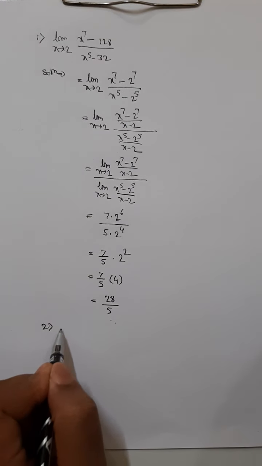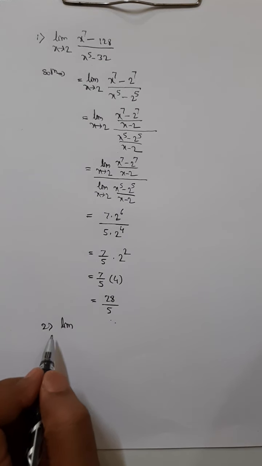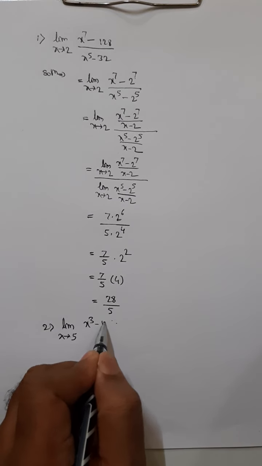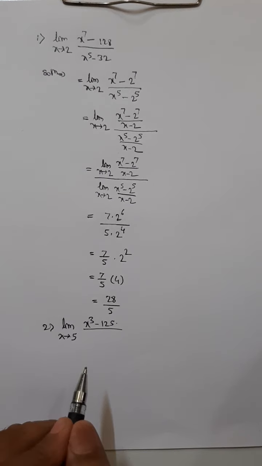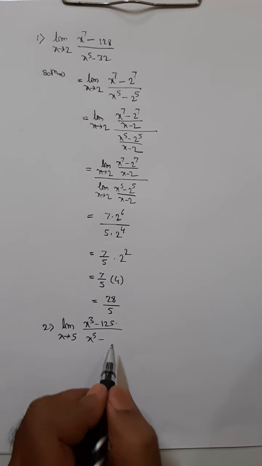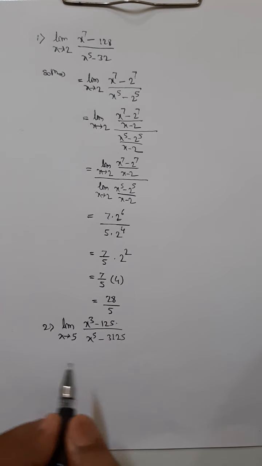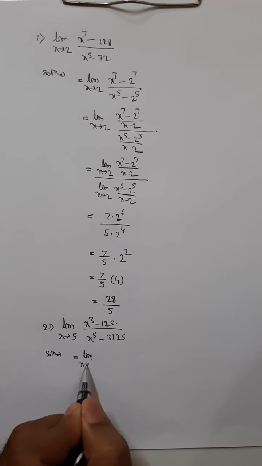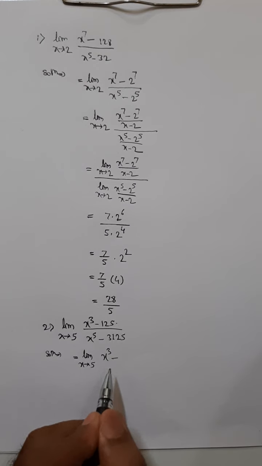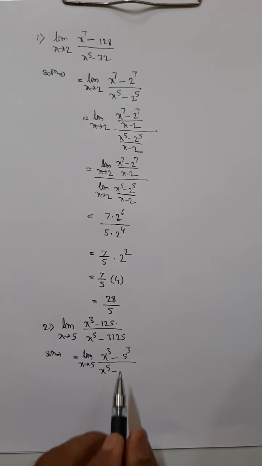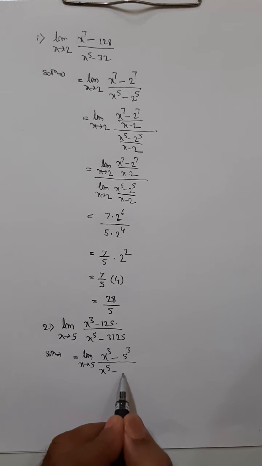Continue with the second problem. Evaluate limit as x tends to 5, (x cube minus 125) divided by (x to the power 5 minus 3125). So your solution: limit as x tends to 5, x cube minus 125, which can be written as 5 cube, divided by x to the power 5 minus 3125, which is nothing but 5 to the power 5.